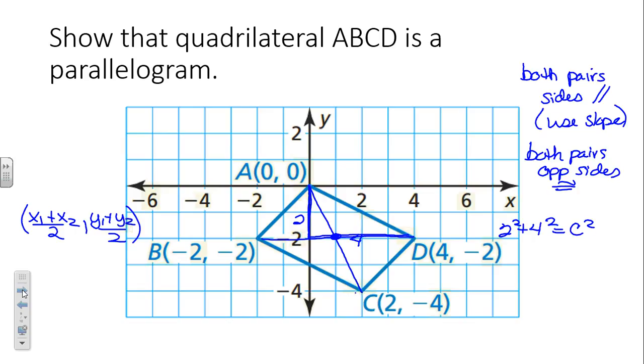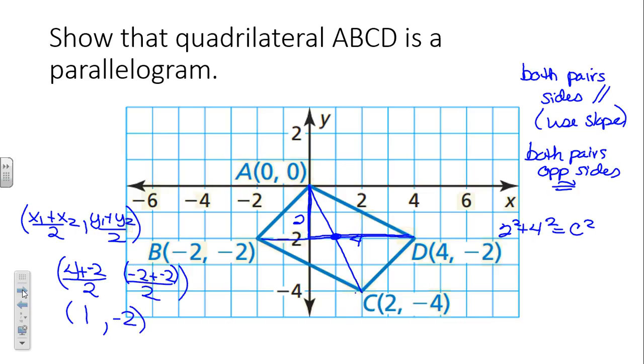Make sense? No? Okay. Let's find the midpoint of these two. What's 4 plus a negative 2? 4 plus a negative 2 is 2, divided by 2 is 1, and negative 2 plus a negative 2 divided by 2 is negative 2.